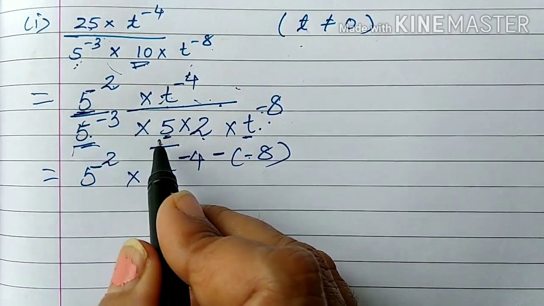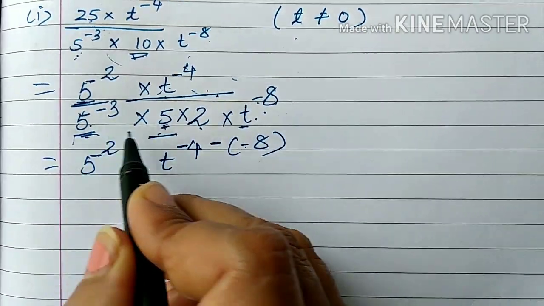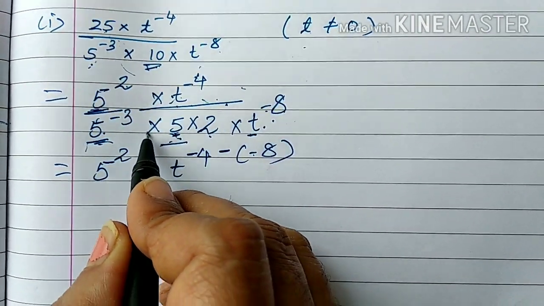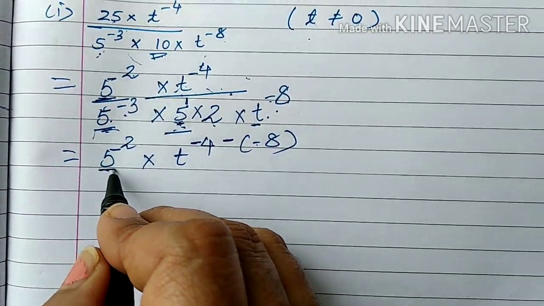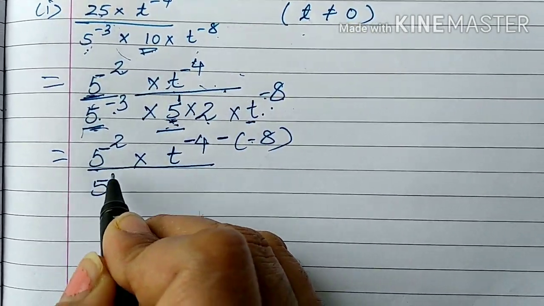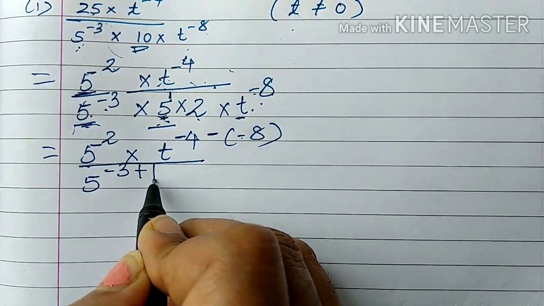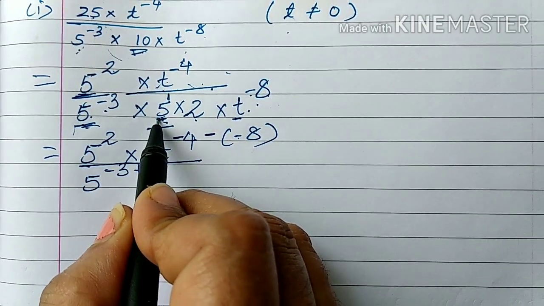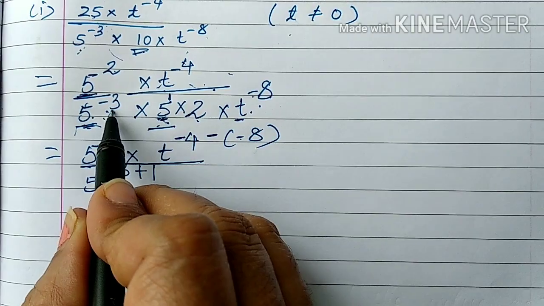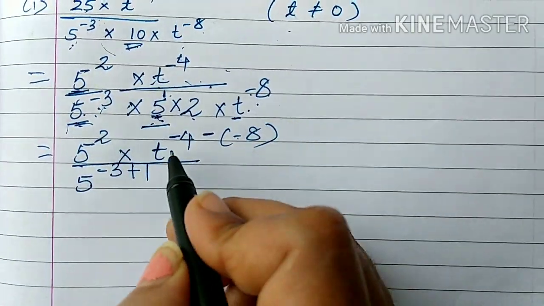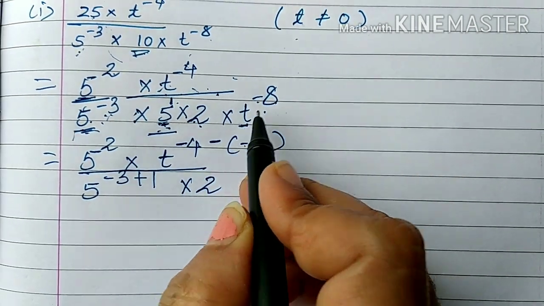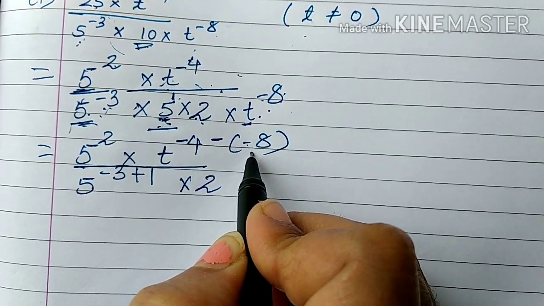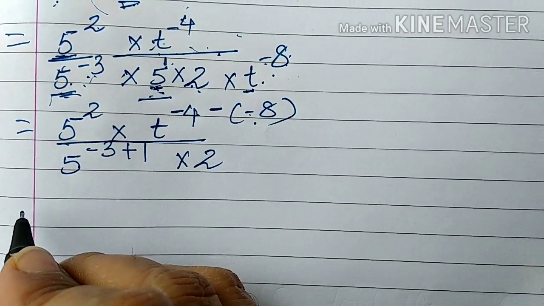Now remaining here is 5 raised to minus 3 into 5. Base is the same and it is multiplication, so powers are added. There is no power written, which means the power is 1. So 5 raised to minus 3 plus 1. Now what is remaining? Only into 2 is remaining. The t raised to minus 8 I have handled using the law.